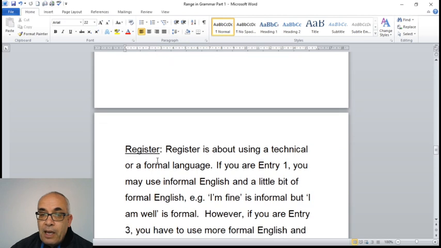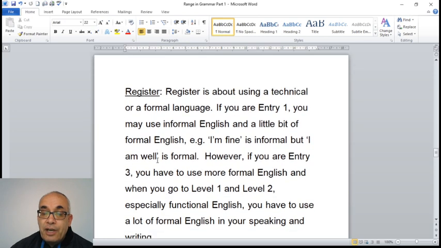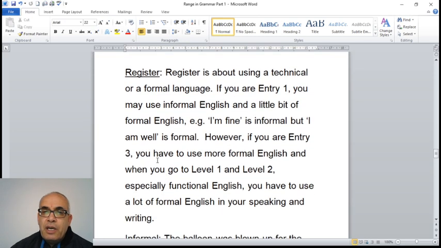Register. What is register? The range of register. Register is about using a technical or a formal language. Example, if you are entry 1, you may use informal English and a little bit of formal English. So "I'm fine" is informal, but "I am well" is formal.